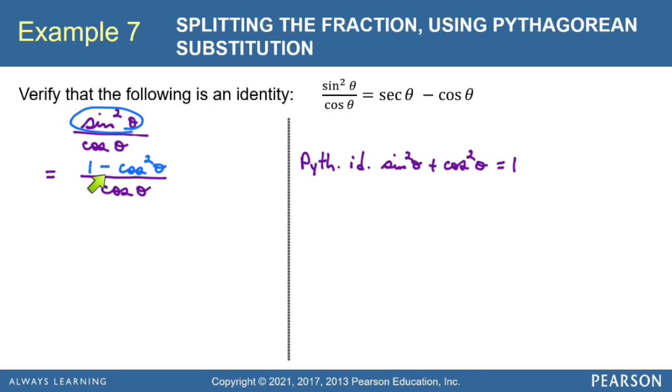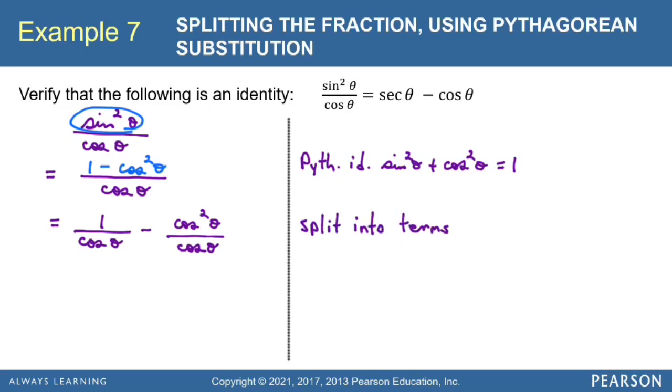So now we'll split this into 2 separate fractions, and each one will have cosine theta as its denominator. So my first one will be 1 over cosine theta, and then we'll have a minus sign, and then the next term will be cosine squared theta over cosine theta. Over here on the right, I'm just going to explain what I did, and that was to split into terms.